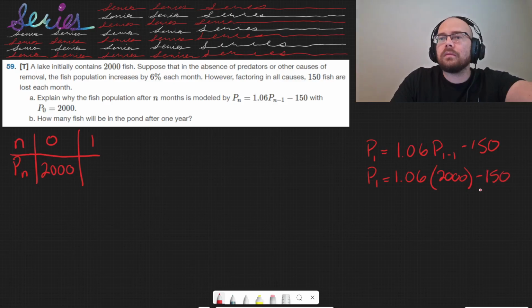So let's see what that would actually come out to be. 1.06 times 2,000. You don't have to do this by hand, but I thought it would just be fun to do it. So this would be 106 times 20. So that's going to be doubled, and then I add a 0. So that's going to be 212 with a 0.